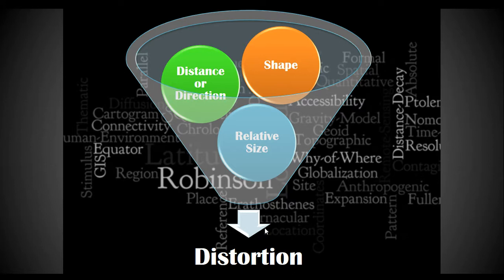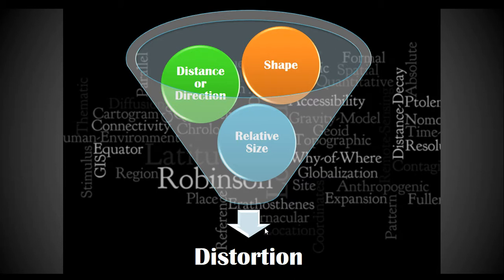We're going to distort a couple of different things: size, shape, distance, or direction. So the four things that we can distort are size, shape, distance, and direction. Some people say that it's sad when you distort things.